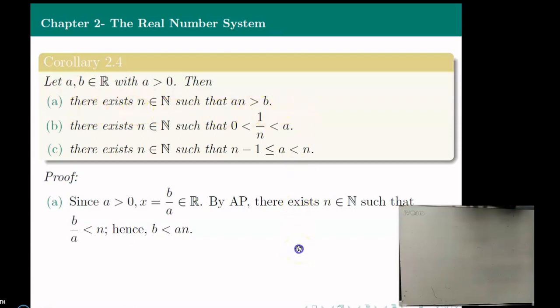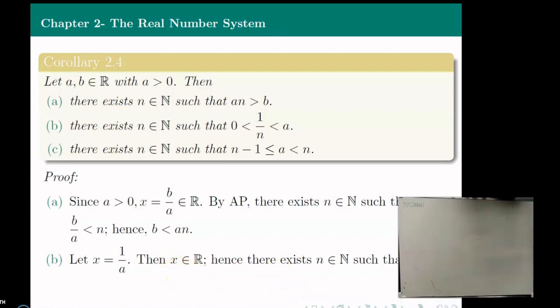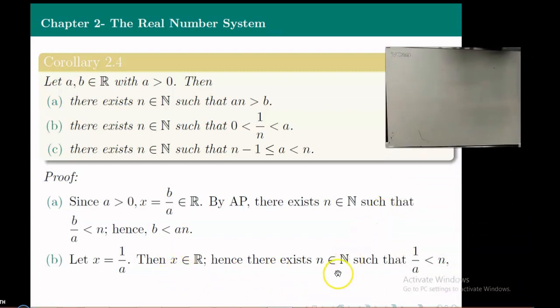Now, let's have letter B. We let x be equal to 1 over A. Take note, A is greater than 0. Therefore, x is a real number. Hence, by the Archimedean principle again, since x is a real number, there exists a natural number n such that x, 1 over A, is less than n.